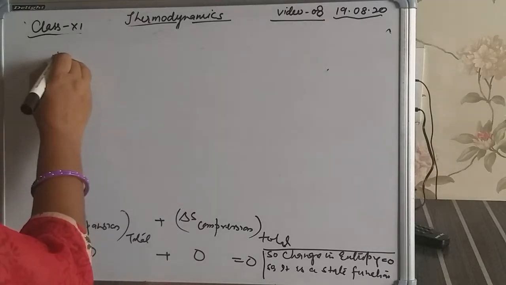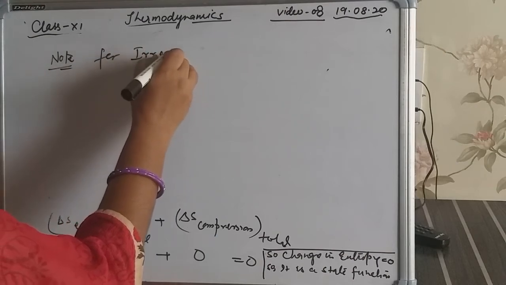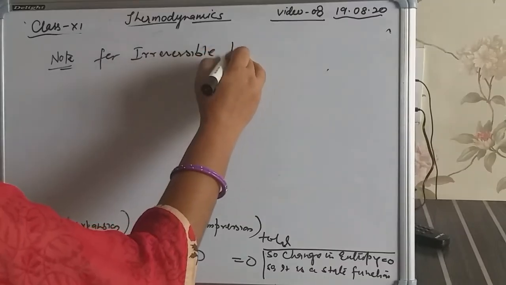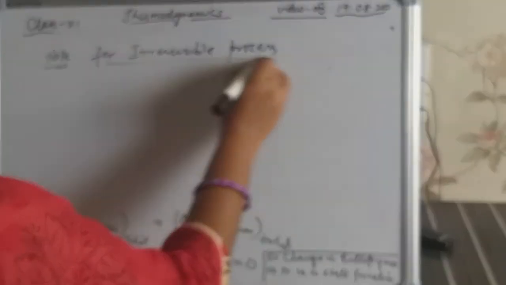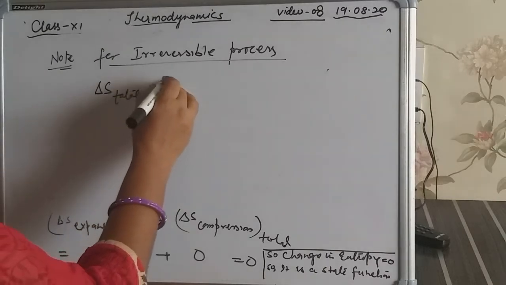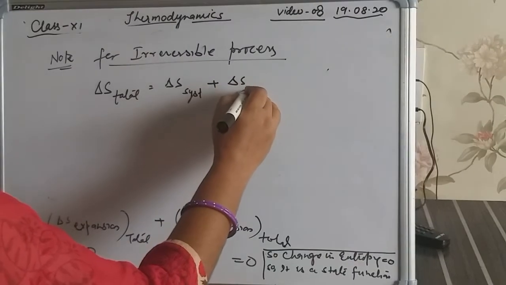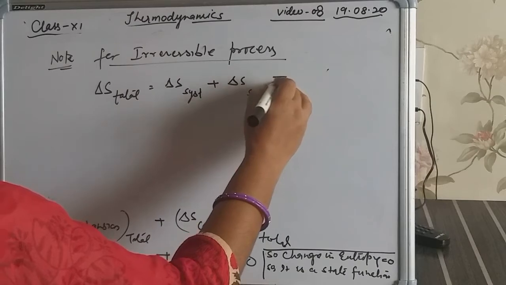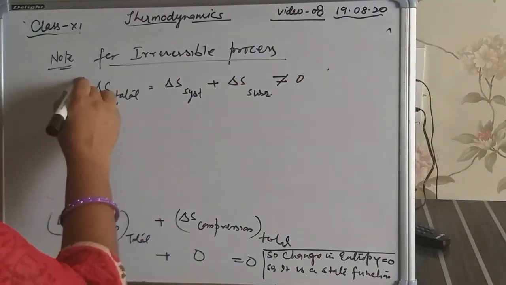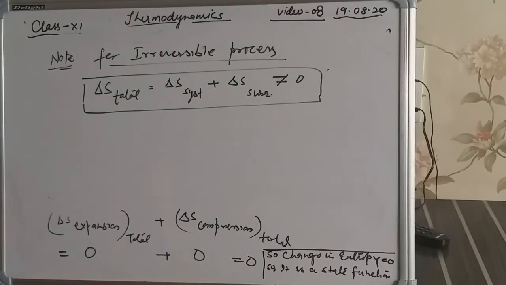But in case of an irreversible system or process, note down, the total change in entropy, meaning change in system and entropy change in surroundings, is not equal to 0. So remember it in case of irreversible system. Let's discuss the entropy change in phase transformation.